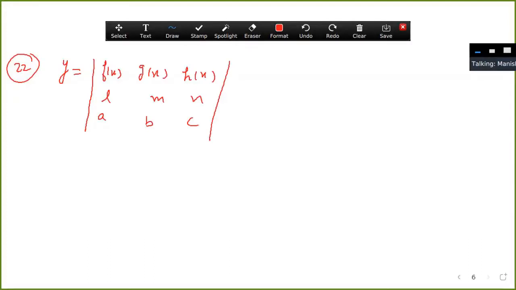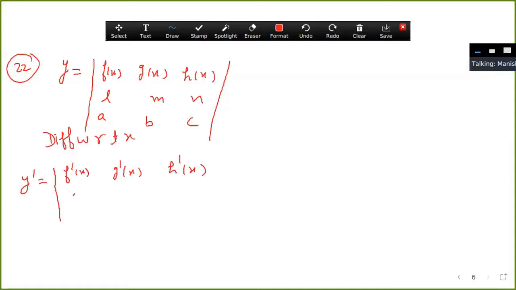So like this, differentiate with respect to x. That is y dash will be equal to, just take u, v, w. It means you are differentiating the first row. I have applied the dash sign for the differentiation. Others are as they are.